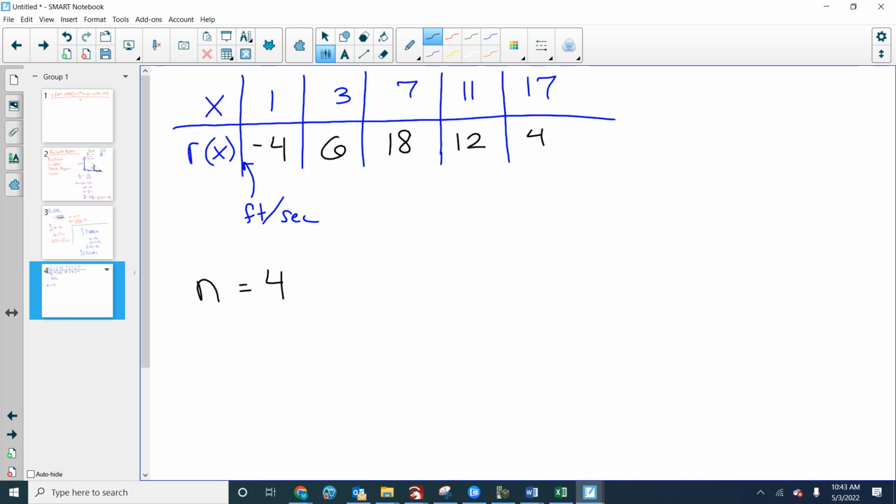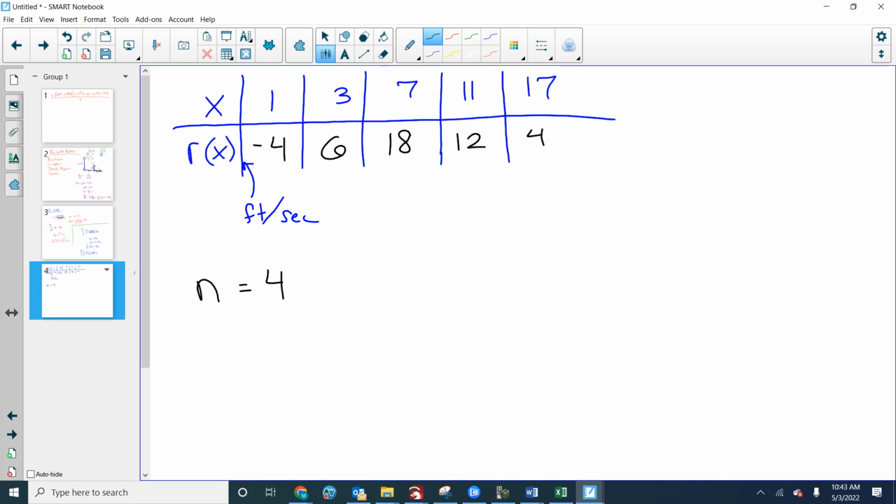Okay, what if they don't say displacement? What if they say use a trapezoidal sum to approximate the total distance traveled of this particle? Okay. Then you're going to need to find each trapezoid, each 4. And whichever ones have negative area, make them positive before you add them up. All right.